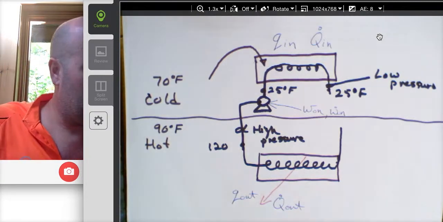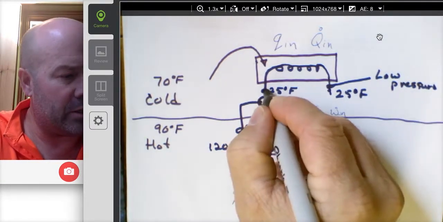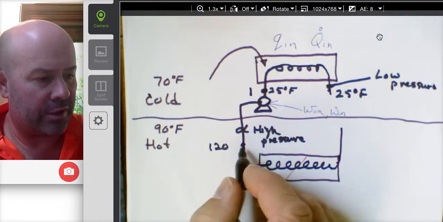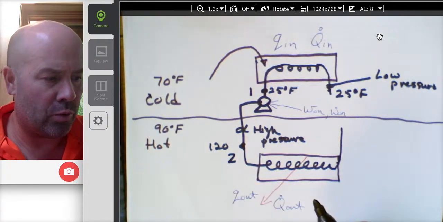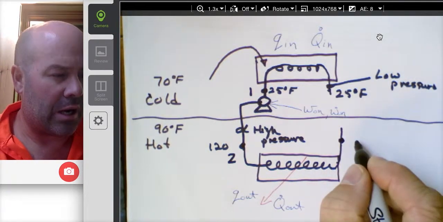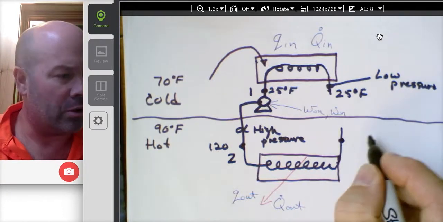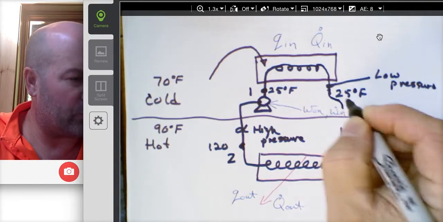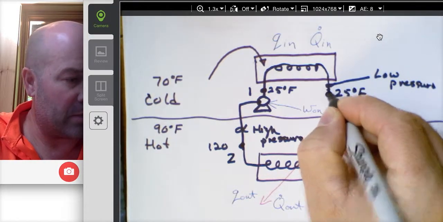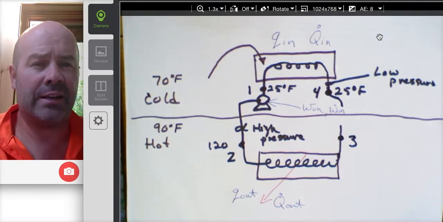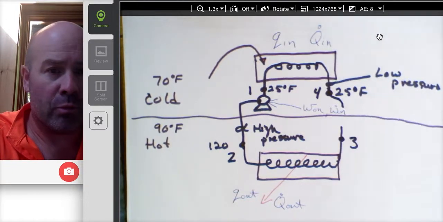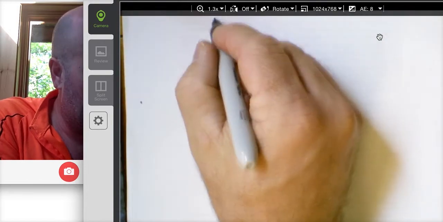So let's call the stuff that comes into the compressor point 1, and the stuff that comes out of the compressor point 2, and the stuff that comes out of this heat exchanger, we're going to call that point 3. And then we haven't quite closed the loop here. We're going to wait to do that, but we'll call the stuff going into this heat exchanger point 4. Now I'm going to move this off to the side, and I'm going to draw a quick temperature entropy diagram.